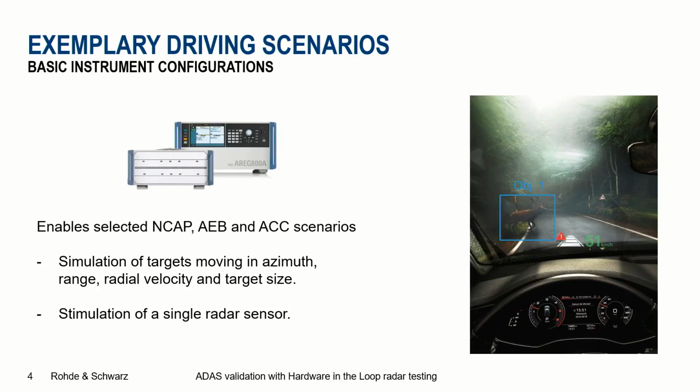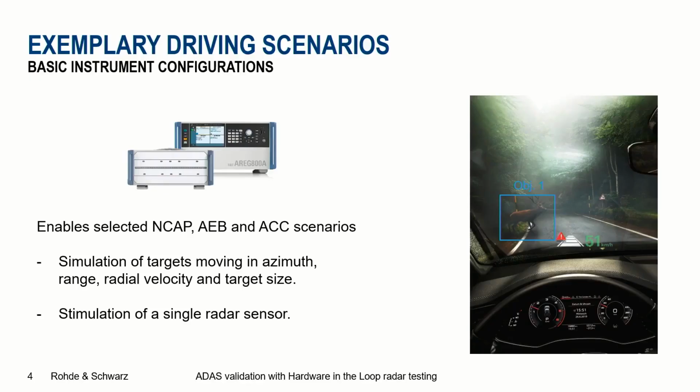These scenarios need a simulation of targets which are moving in azimuth, in range, in radial velocity, and also in target size. And this sort of basic test system is typically capable of stimulating a single radar sensor under test.